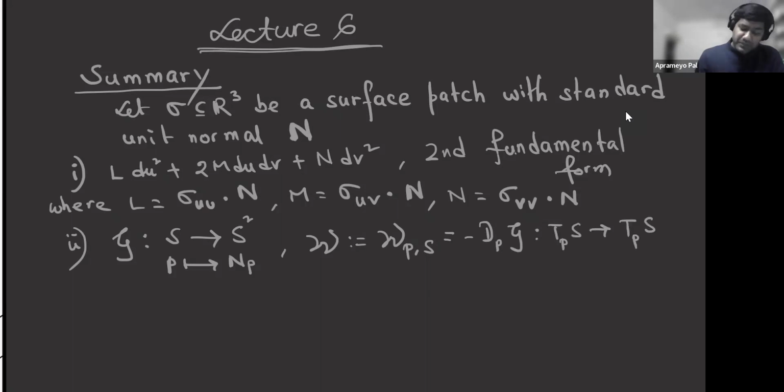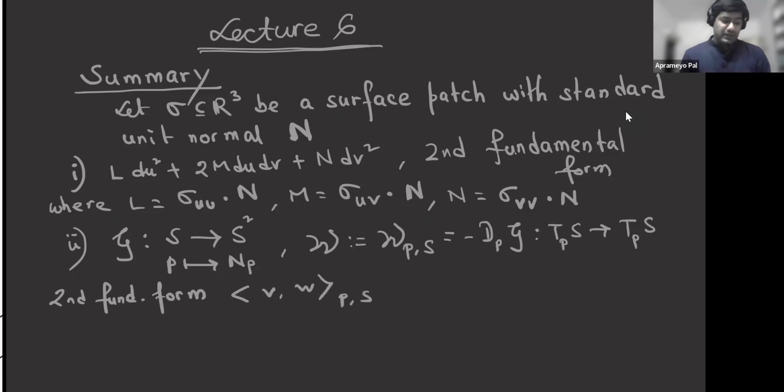It's a linear map. Then we defined again the second fundamental form as a bilinear form defined by B(v, w) for a point P in the surface, and v and w in the tangent plane.